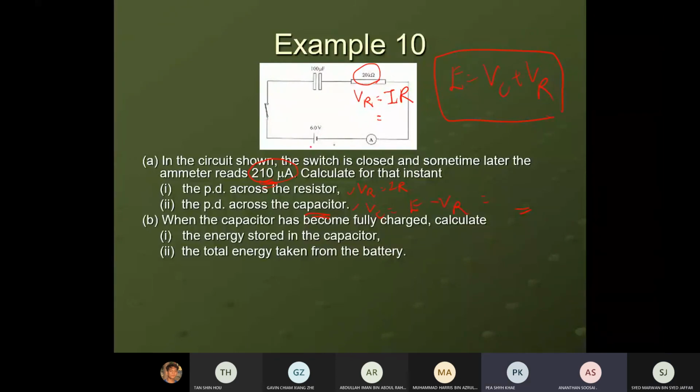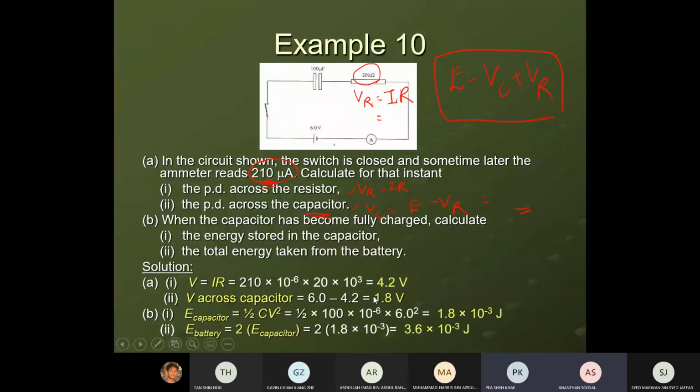When you continue running this circuit, VC will increase, and VR will start to drop, until when completely charged, VC becomes maximum at 6 volt, and VR becomes 0. Okay, so that's the first answer. V equals IR gives you 4.2 volt. So V across the capacitor is 6 minus 4.2, so 1.8 volt.